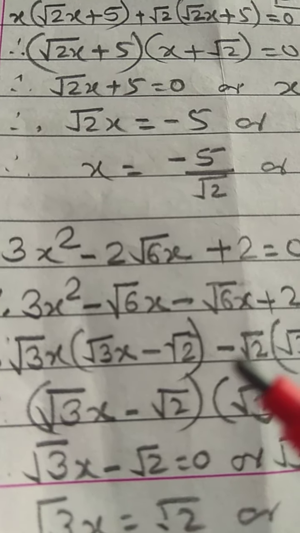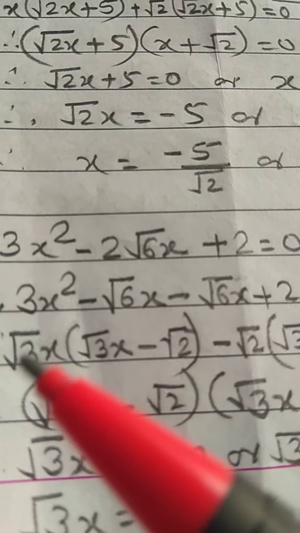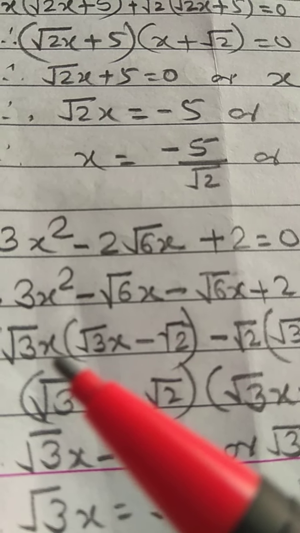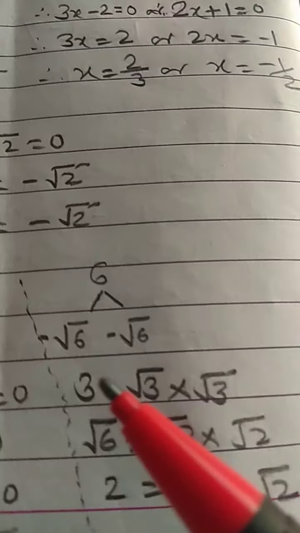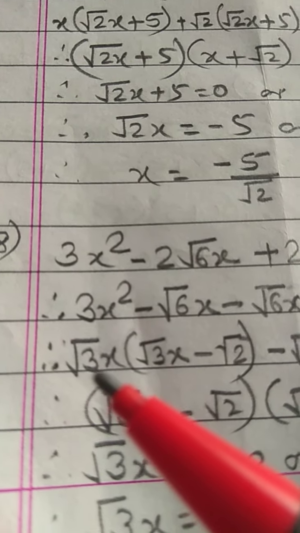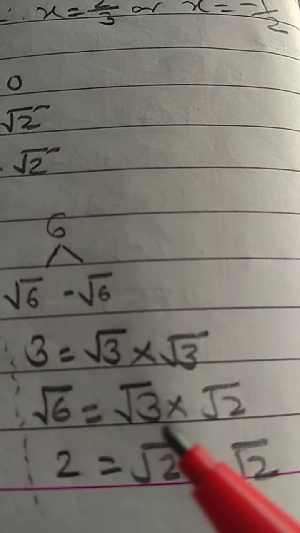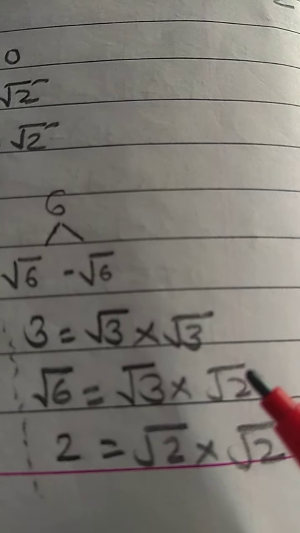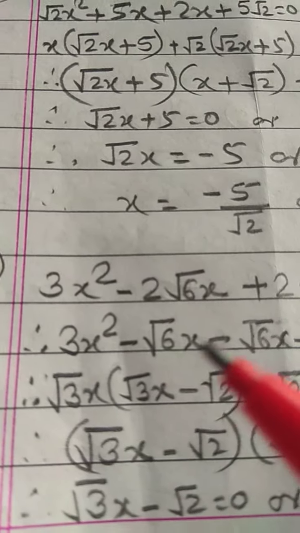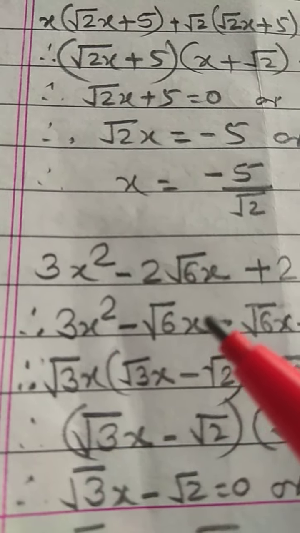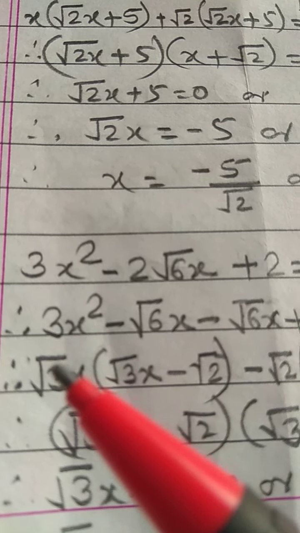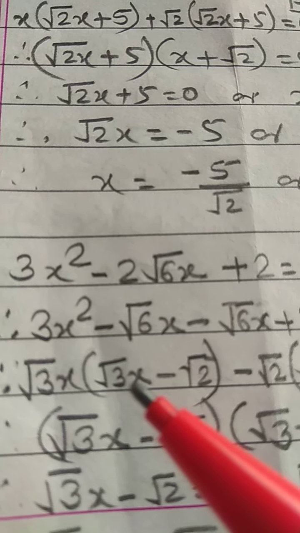Now, we can take out root 3 common from these two terms and x also we can take out. Because this 3 contains root 3. See here, 3 is always root 3 into root 3. We can take out root 3 common here. This root 6 is nothing but root 3 into root 2. So this root 6 also contains root 3. We will take out root 3 common from these two terms. As we are taking root 3 common, 1 root 3 will remain behind here.